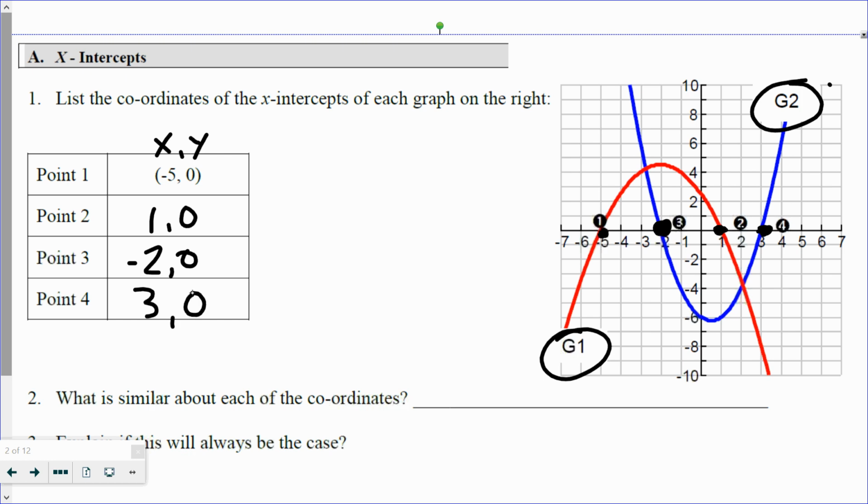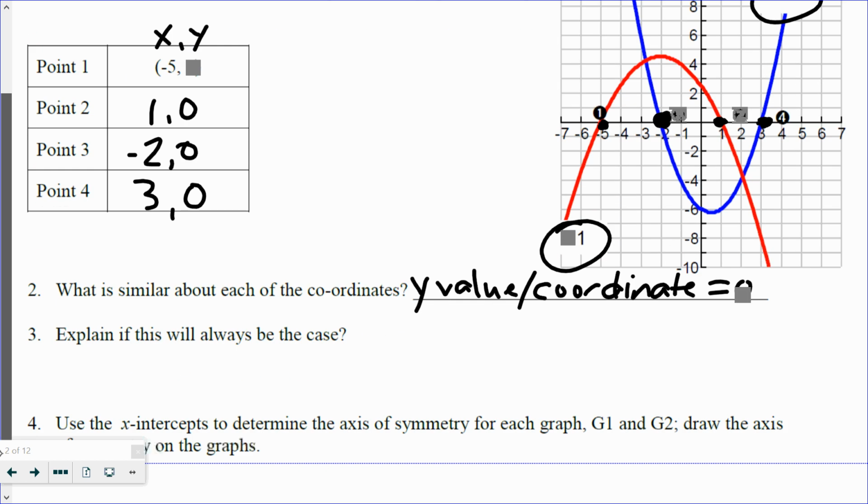It's asking what's similar about each of the coordinates. It should be pretty obvious: the y value, or the y coordinate, is equal to 0. And it says explain if this will always be the case.